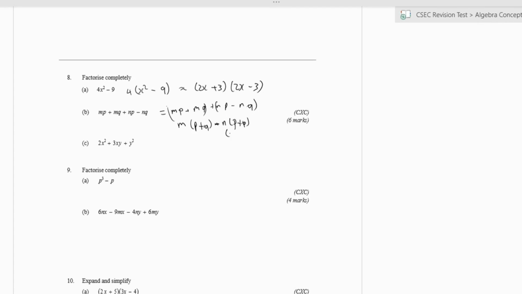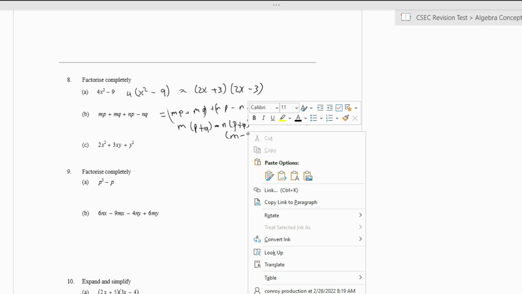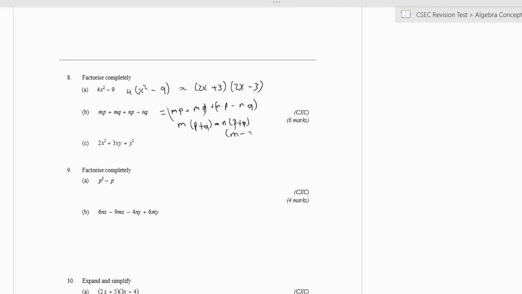So we see that we have the same bracket. So what we have here is m minus n over p plus q. That would be our factorizing of the question.